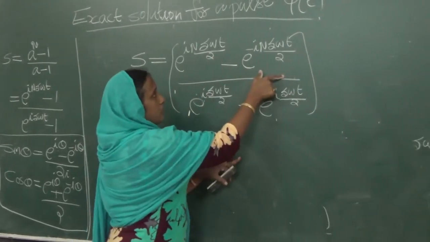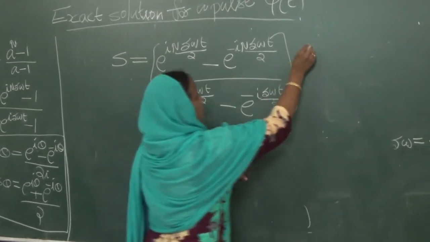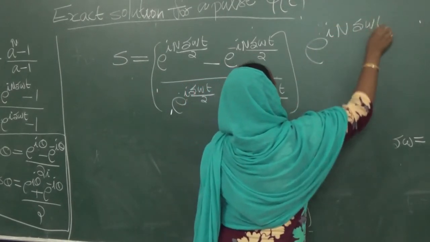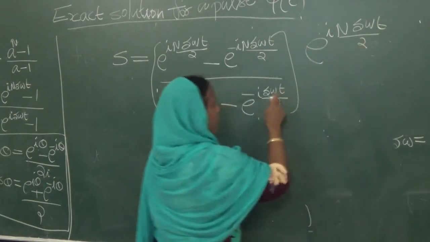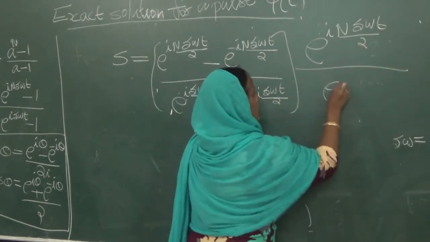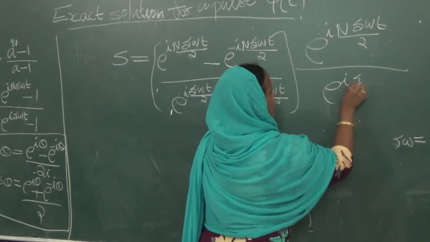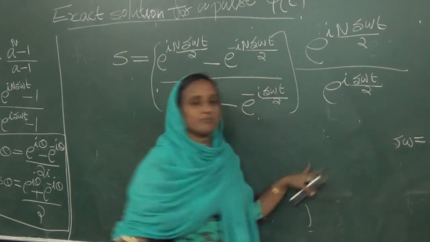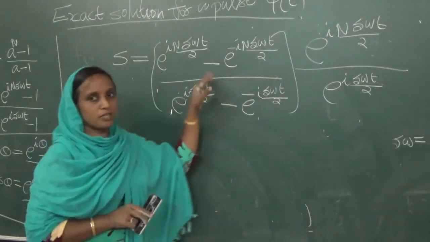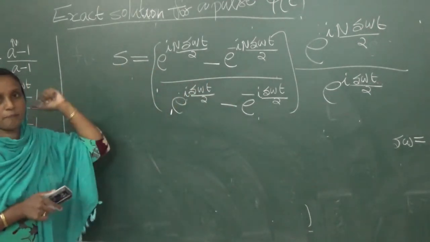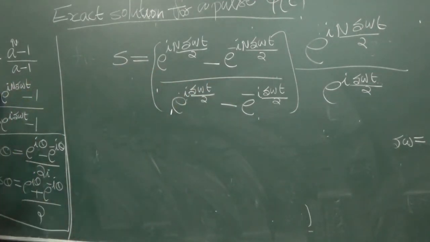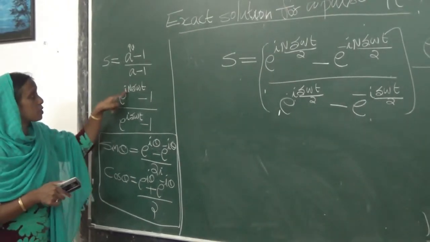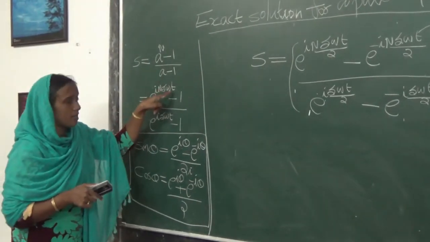We get this expression taking out these terms. Here e raised to i n delta omega t by 2 and here e raised to i delta omega t by 2. Hope that you get what we have done here. This is our actual expression. In this expression there is e raised to i n delta omega t.